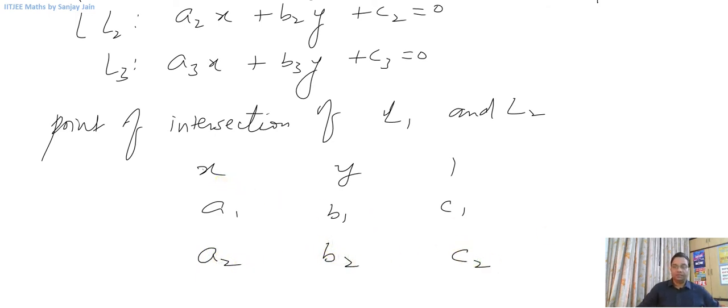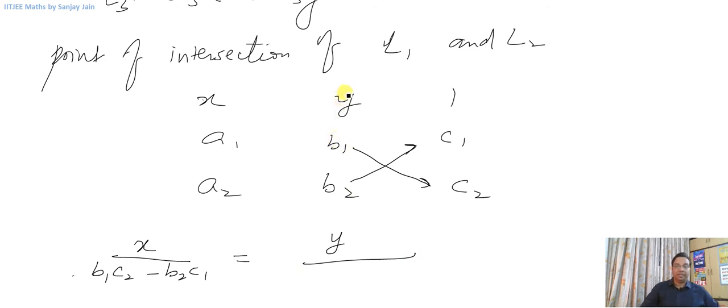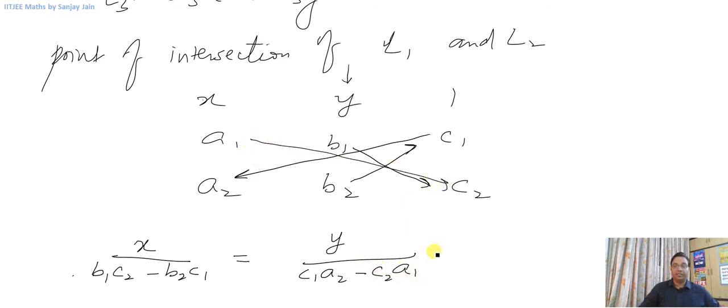So x divided by b1 c2 minus b2 c1 equals y divided by c1 a2 minus c2 a1, equals 1 divided by a1 b2 minus a2 b1.